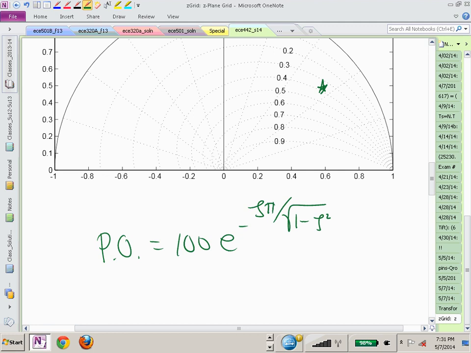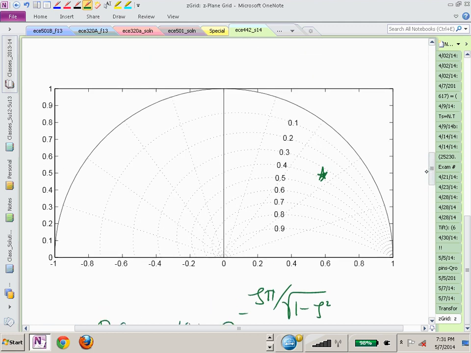Here, if they gave you that star and they said, oh, what's the peak time? Now you can find your theta sub d. Your theta sub d, I think this is supposed to be divided into 10 wedges on that half circle, so that each of these little wedges is 18 degrees.